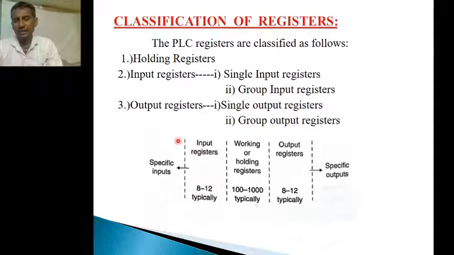Normally the input registers number typically 8 to 12, and the working or holding registers are nearly 10 times the input registers, that means typically 100 to 1000. The output registers are the same number as the input registers, that means typically 8 to 12. This is the classification, and we will see these registers one by one.